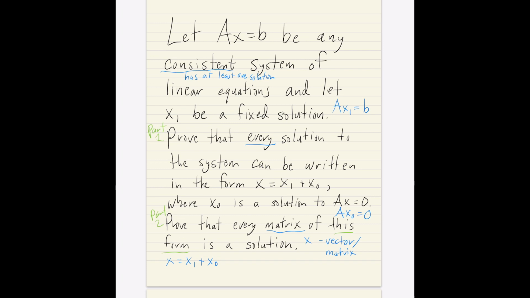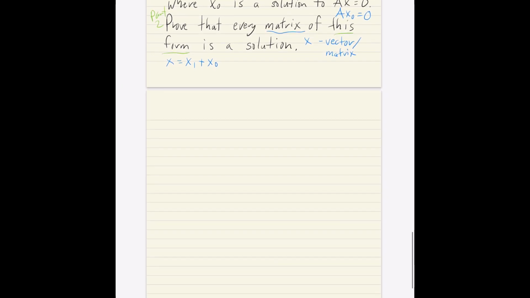Okay, so let's go ahead and prove part one. For part one, we're going to identify our hypothesis and our conclusion. So the hypothesis is that Ax equals b is consistent, which means it has at least one solution. x1 is a fixed solution.